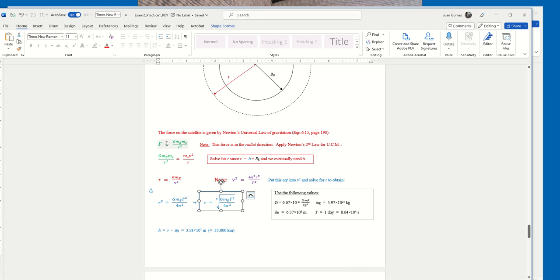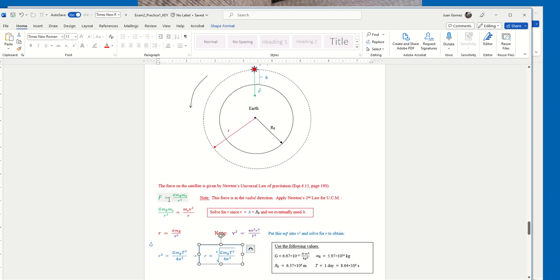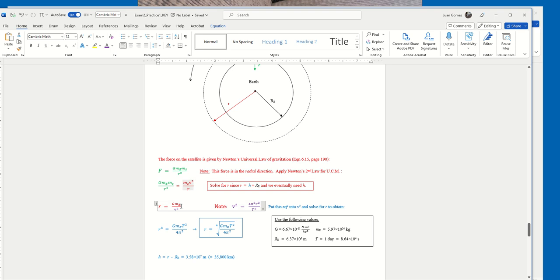What we're saying is the centripetal force, F, is given by the universal law of gravitation, G m_e m_s over r squared. Applying Newton's second law for UCM, that radial force, that centripetal force, is m v squared over r. Solve for r and you get this first equation. But notice you have that v squared in the denominator.